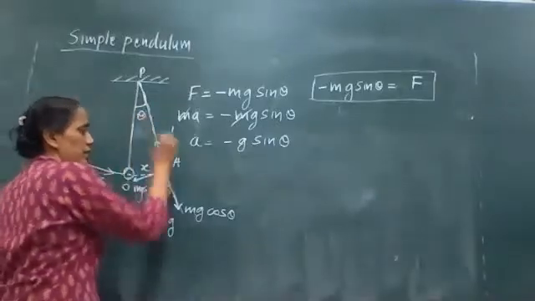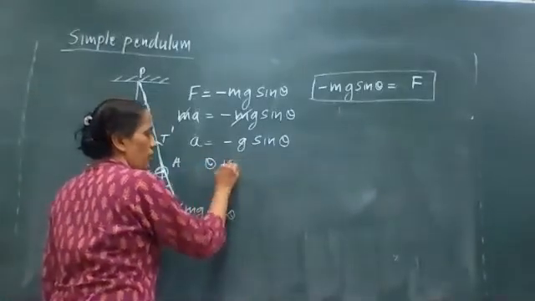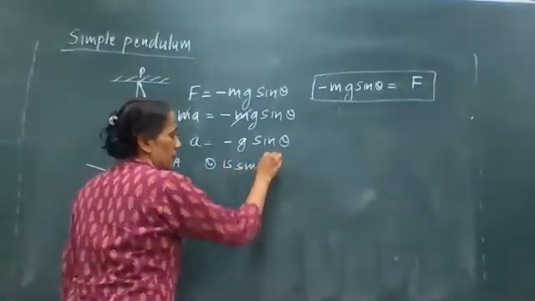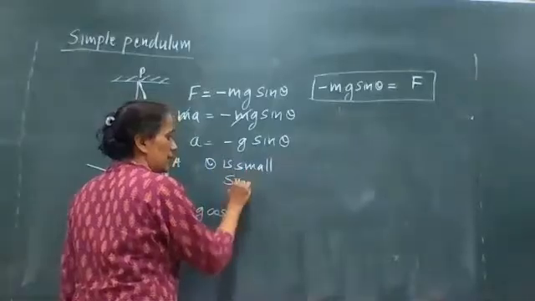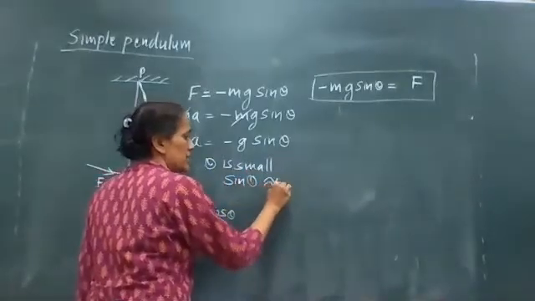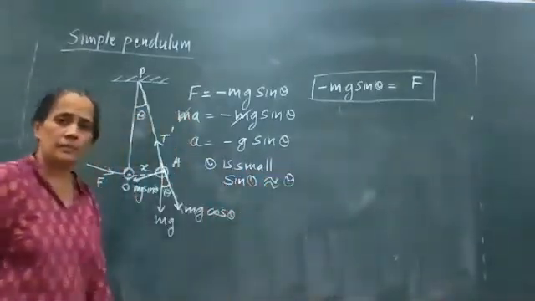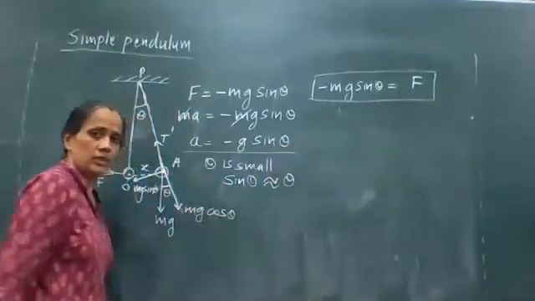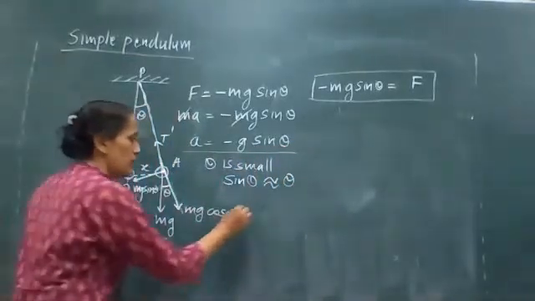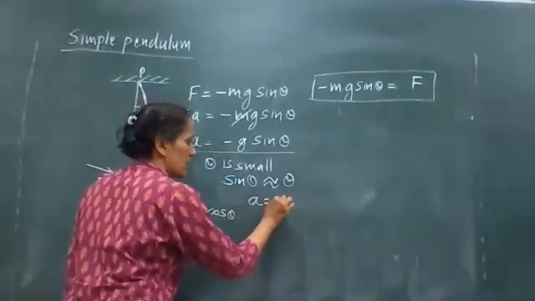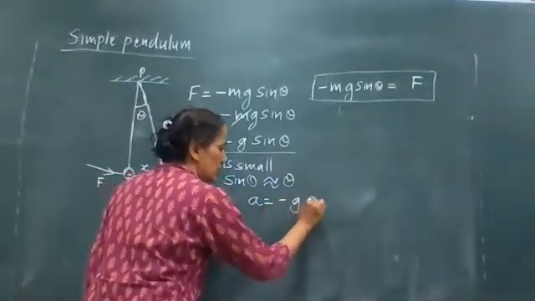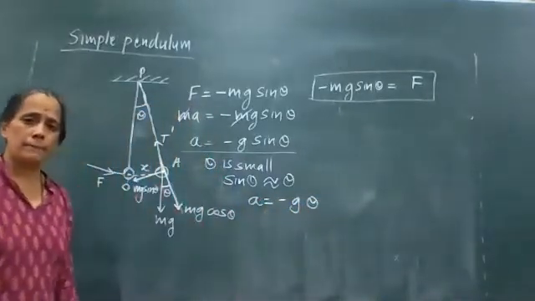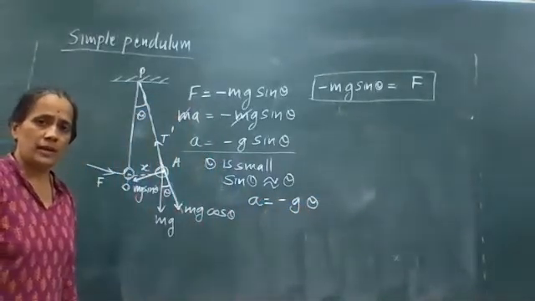If this value of theta is very small, then this sin theta can be written as simply theta. And therefore your acceleration value I can write down, acceleration A is equal to minus g theta. Clear?